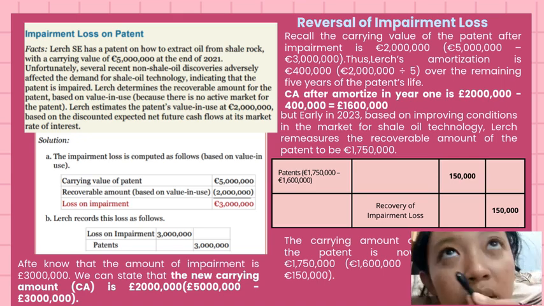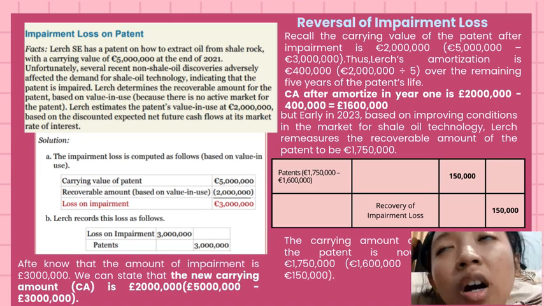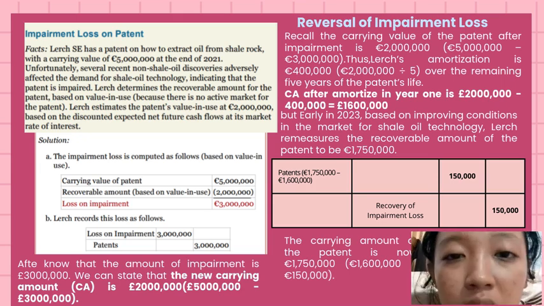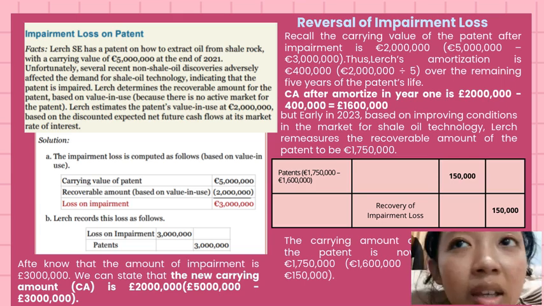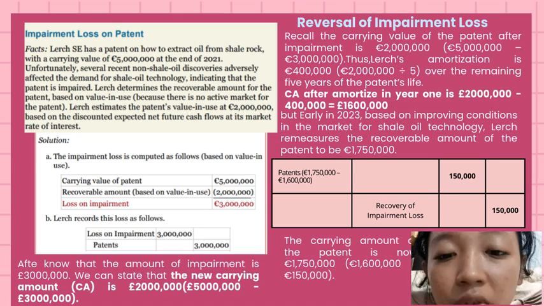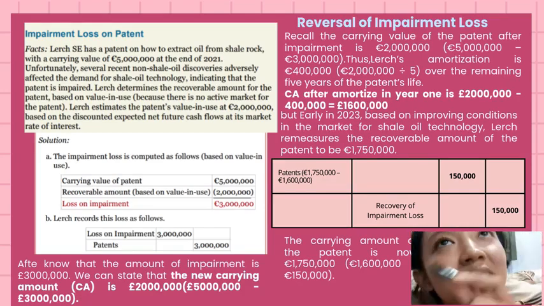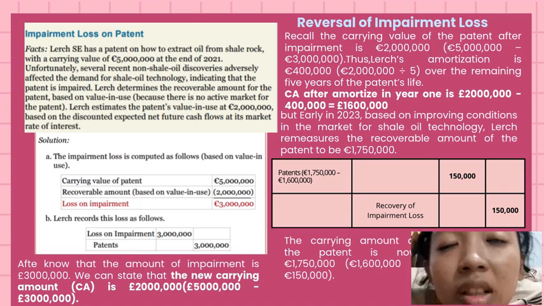When we want to determine whether the company has impairment or not, we should compare the CA with the RA. We know the CA is 5 million, meanwhile the RA is 2 million, so CA is bigger than RA. It means there's impairment in Large Company.